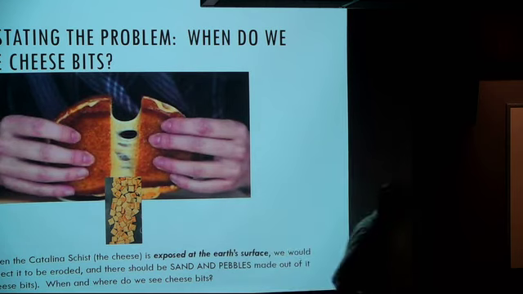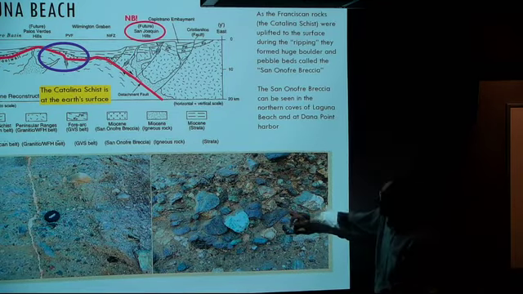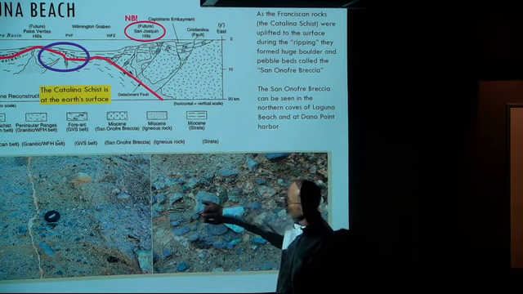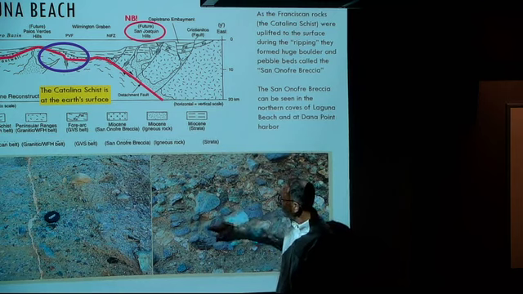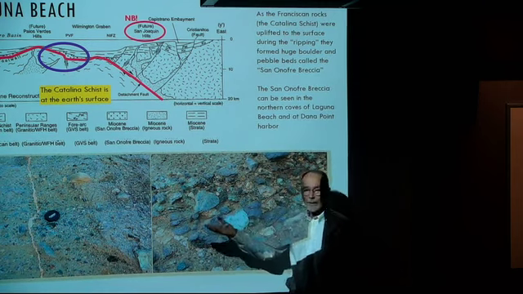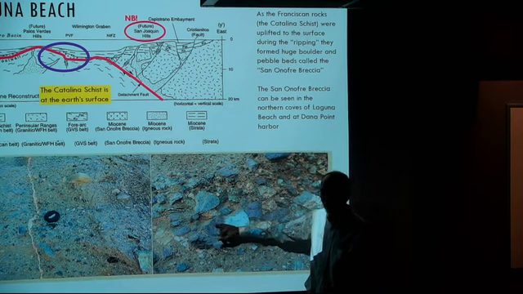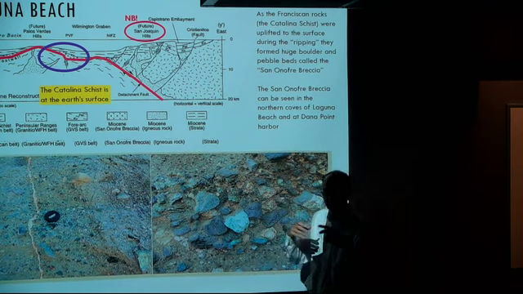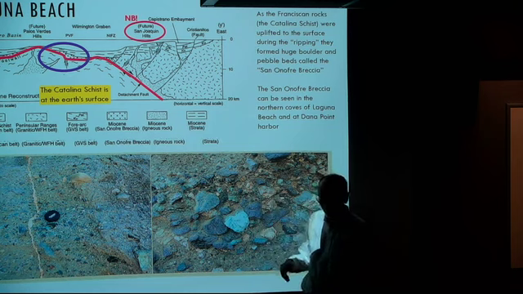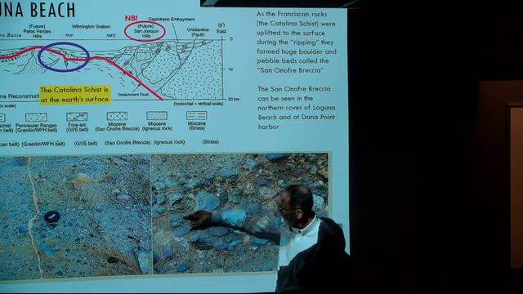So then what we can do is we can go to Dana Point and Laguna Beach, and you can look at the rocks there, and these rocks are big conglomerates, or they're basically fossilized pebbles from the Catalina schist. So that tells us that Catalina was now subaerial, and rivers were cutting down through it and making these pebbles and boulders and so on and so forth.